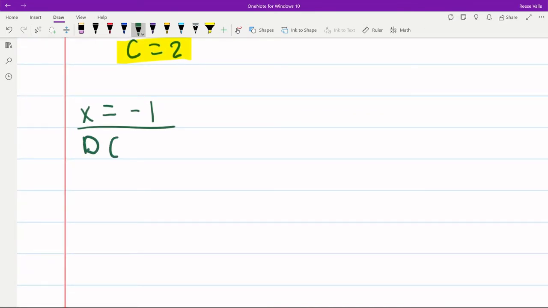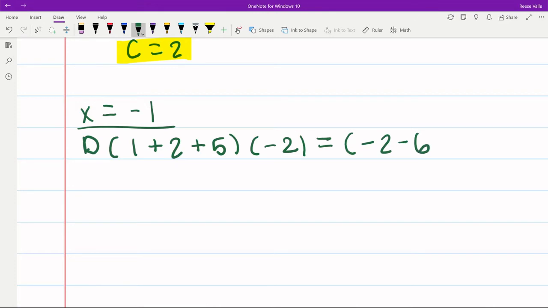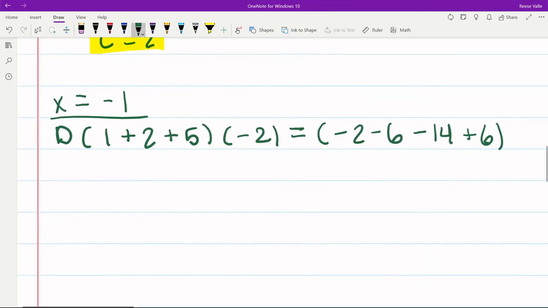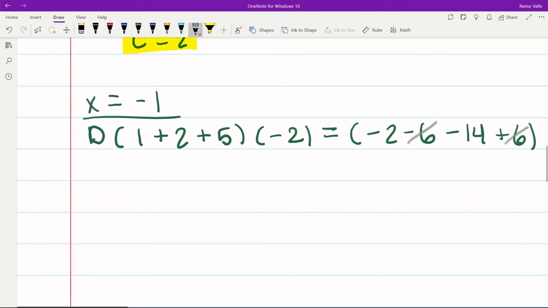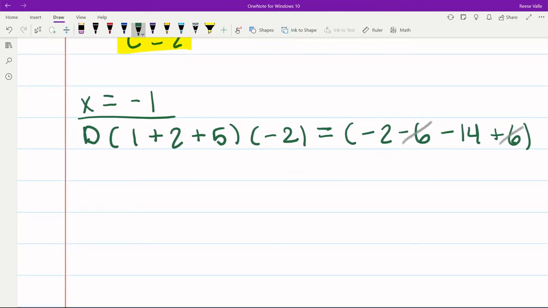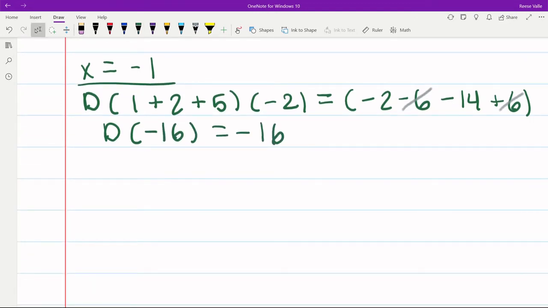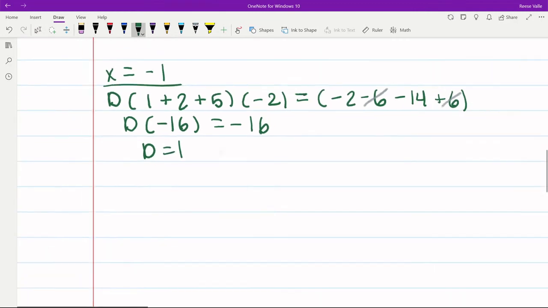D, and then it's going to be 1 plus 2 plus 5, -2 right there, equals -2, -6, minus 14 plus 6. It's going to cancel, and it's going to be d times -16 equals -16. And so d's equal to 1.